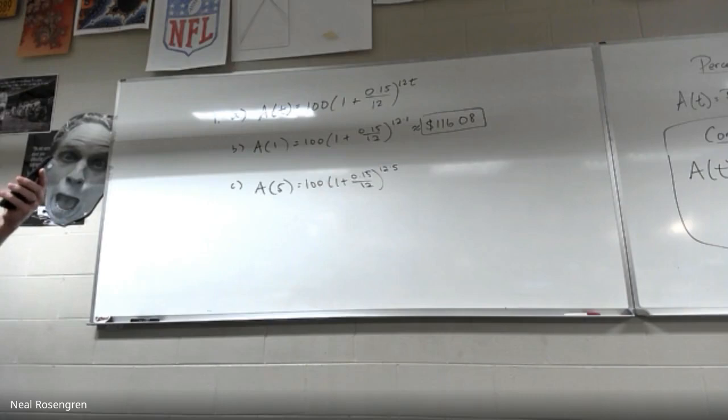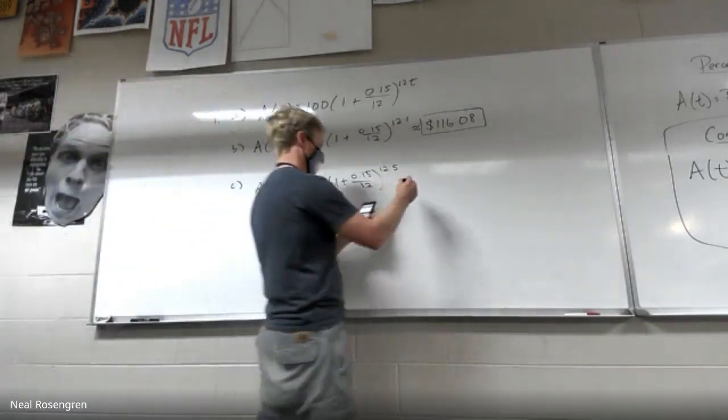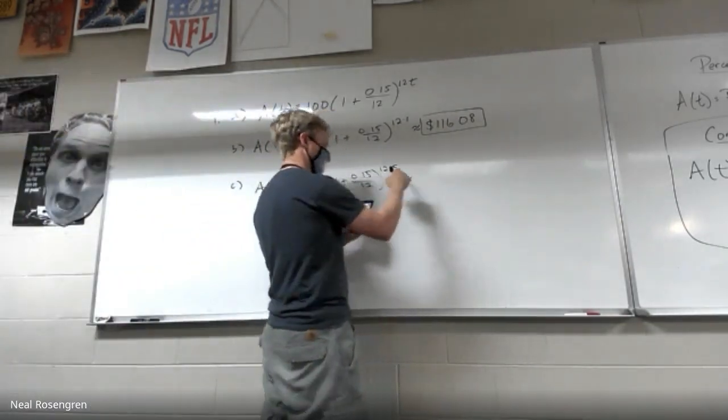And you just write it in exactly as you would say it out loud: 100, parentheses, 1 plus 0.15 divided by, it's a fraction, so just division, divided by 12, close the parentheses. That up arrow, above the division sign, below the clear button, is what gets you up there, and then just 12 times 5, or just the number 60. Safe to just type it in exactly as you wrote it.